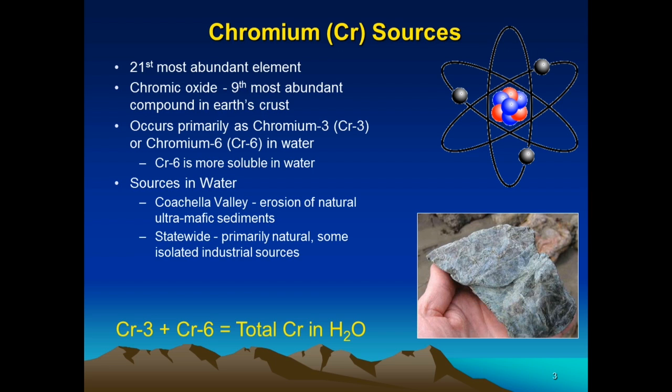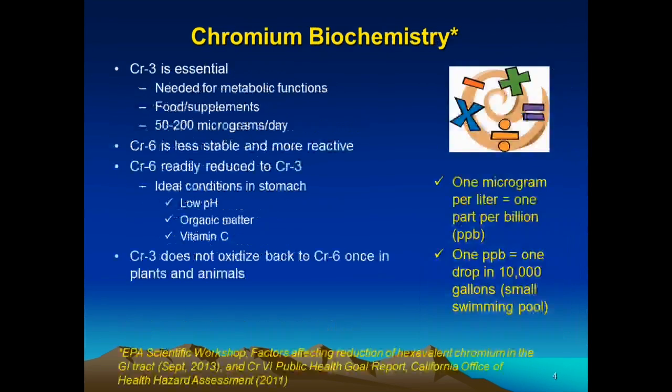Total chromium in water is equal to the chromium-3 plus the chromium-6. Chromium-3 is essential. We need it in our diet. We use it to do multiple metabolic functions, including the production of insulin, which we need to regulate our blood sugar. It's in our food, it's in our supplements.